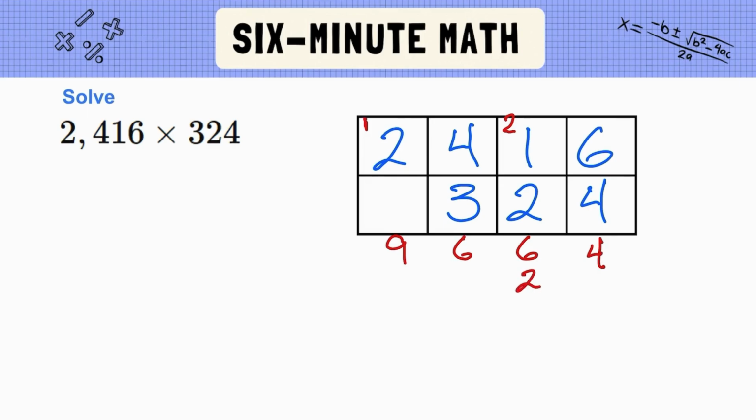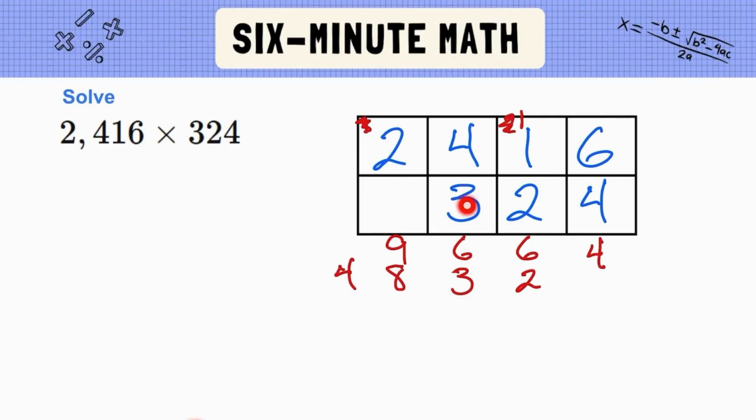So I'm going to drop a 2, carry the 1. 2 times 1 is 2, plus 2 is a single 3. 2 times 4 is 8. And then 2 times 2 is 4.